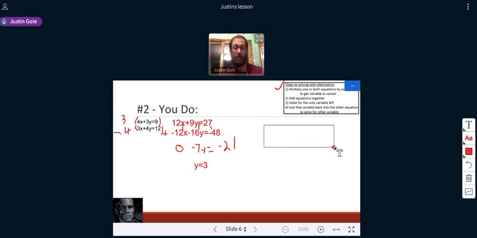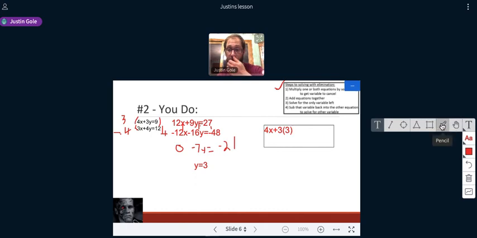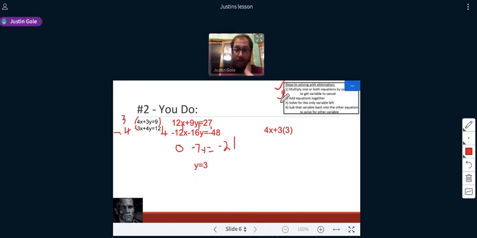Now there's one last thing we have to do, right? I'm substituting. So I've added the equations together and I solved for the variable that was left.